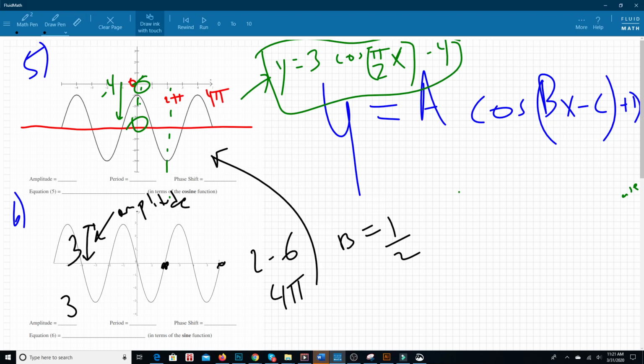So the period again here is going to be 1/2, or pi over 2.